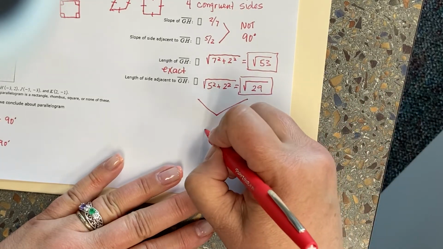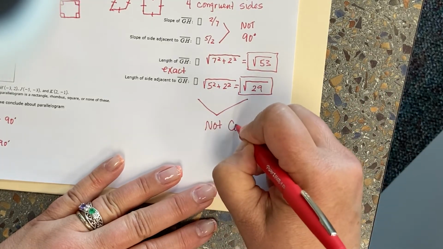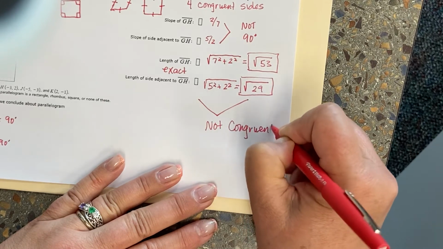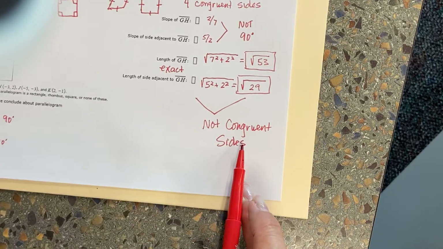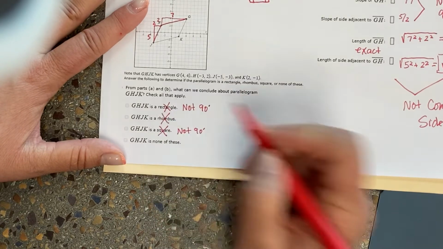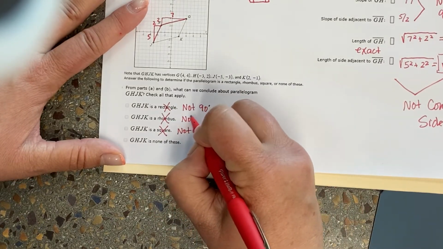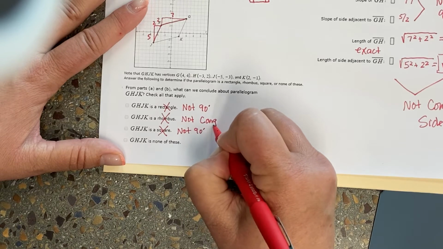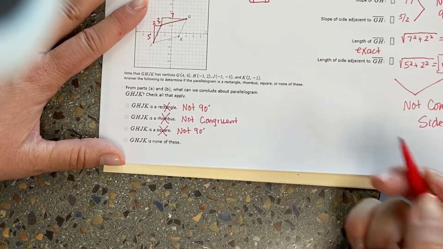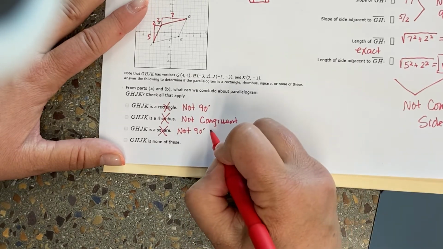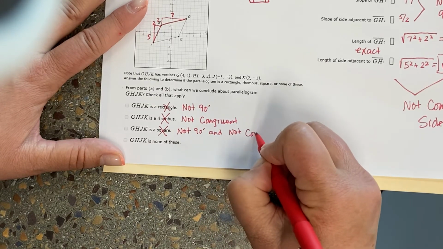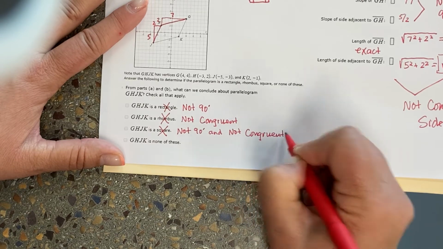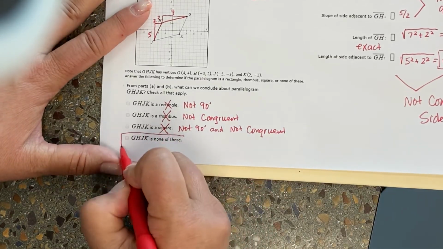So they're not congruent sides. Which means if they're not congruent sides, it can't be a rhombus. So you go over here and you're like, well, it can't be a rhombus, not congruent. Of course, then it couldn't be a square either. So in this particular case, it's none of these.